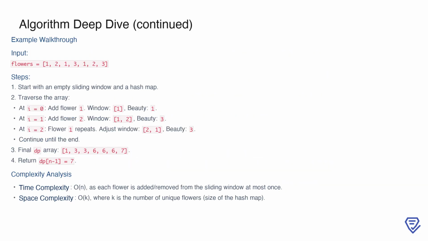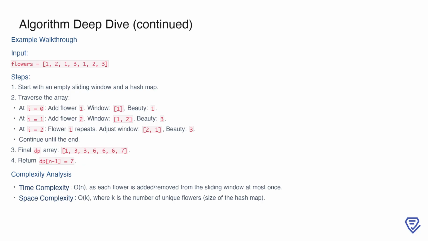To solidify this approach, let's walk through an example with the input array flowers equals [1, 2, 1, 3, 1, 2, 3]. We start with an empty sliding window and a hash map. At index 0, we add flower 1, resulting in a window of [1] with a beauty value of 1. At index 1, we add flower 2, updating the window to [1, 2], and the beauty to 3.